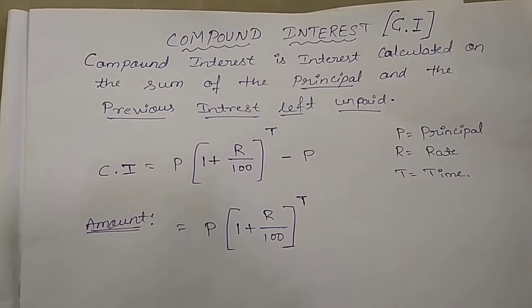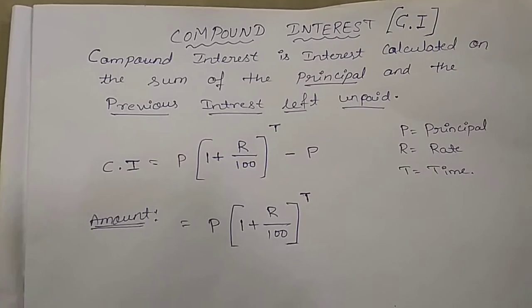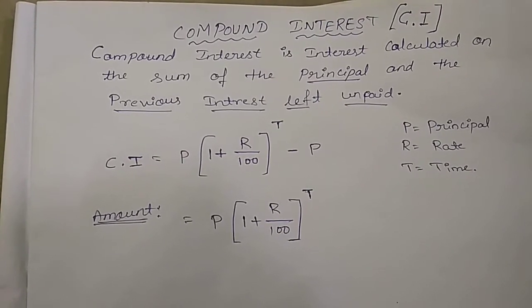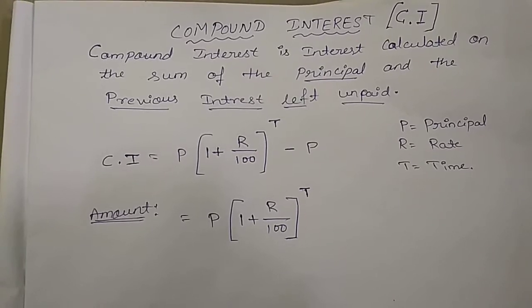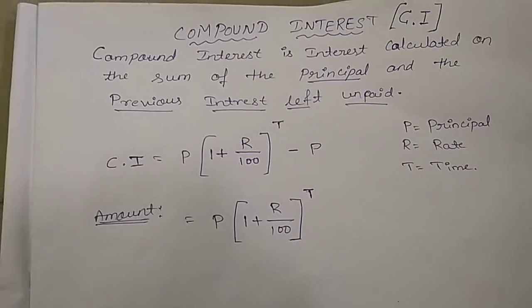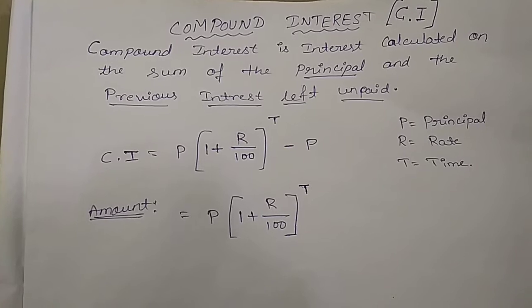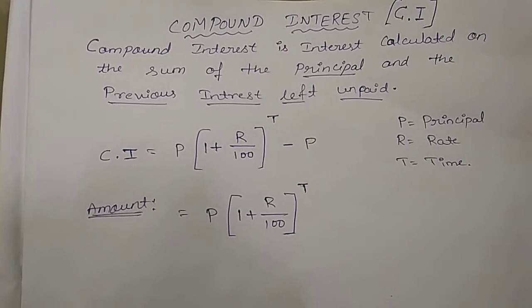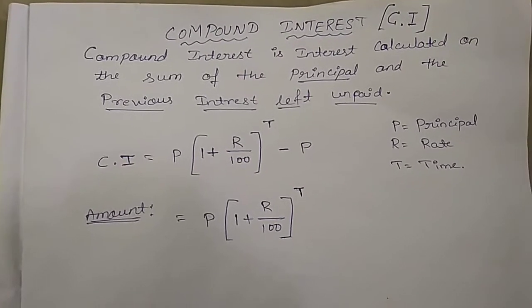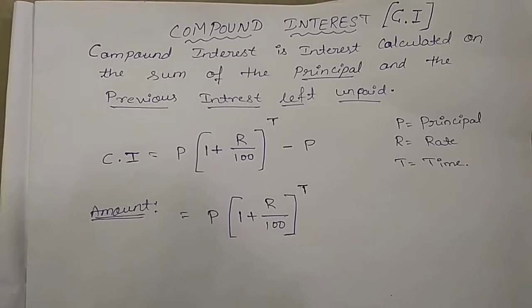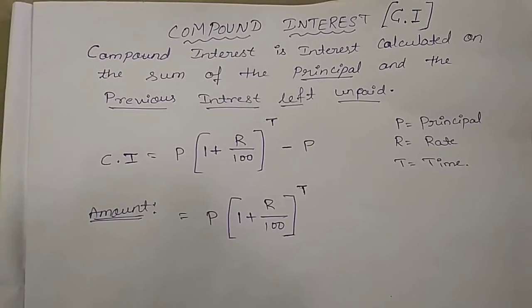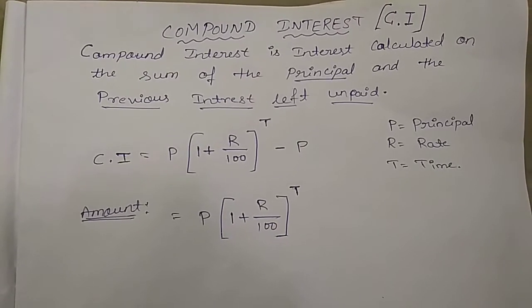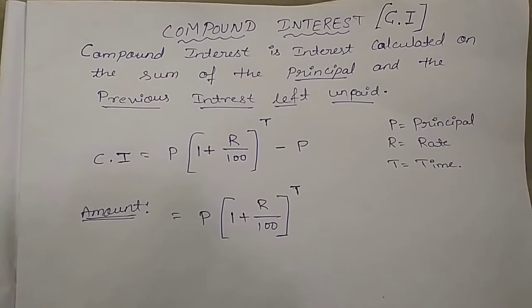Now the meaning of compound interest. Compound interest is interest calculated on the sum of principal and the previous interest left unpaid. So I repeat, compound interest is interest calculated on the sum of principal and the previous interest left unpaid.